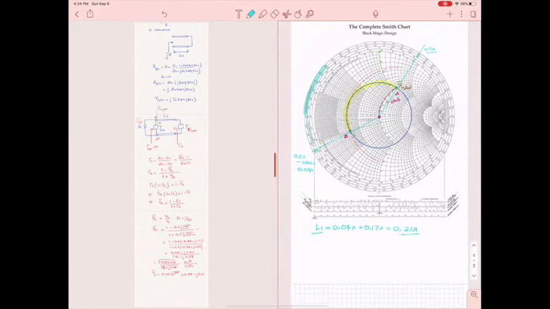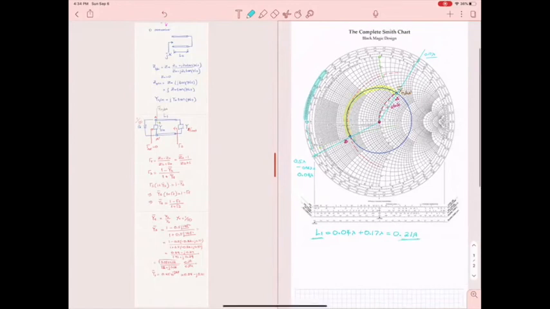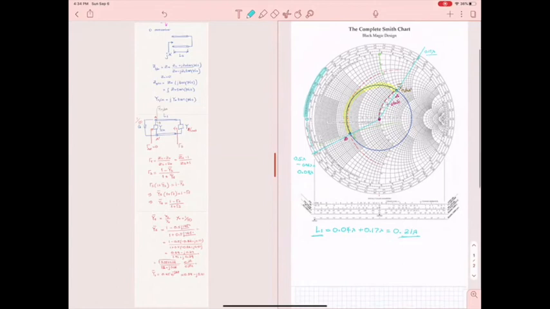Okay, and then how am I going to find now the length of the stub? For the length of the stub, it's easier because I have to move from this point A to the center of the stub. And also there I go from the source to the load, all right, as I find it.